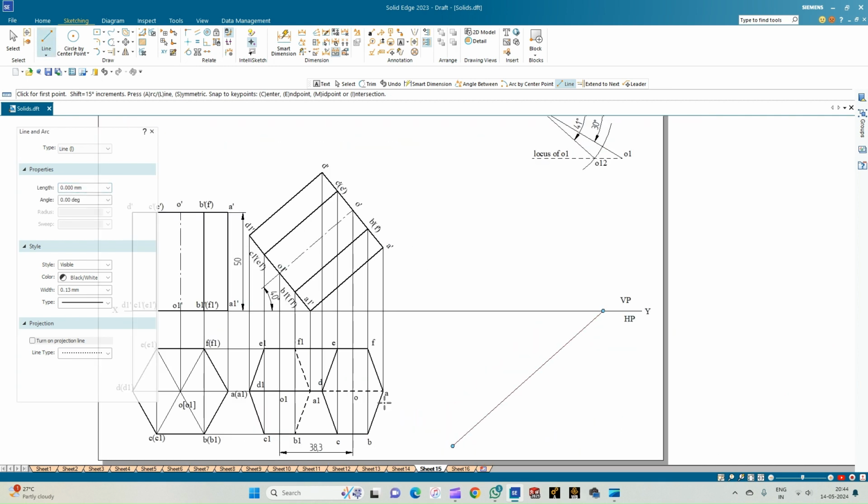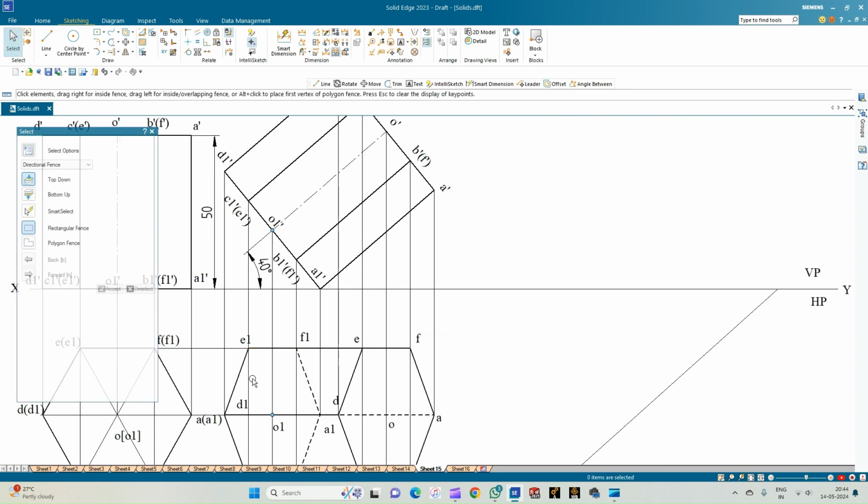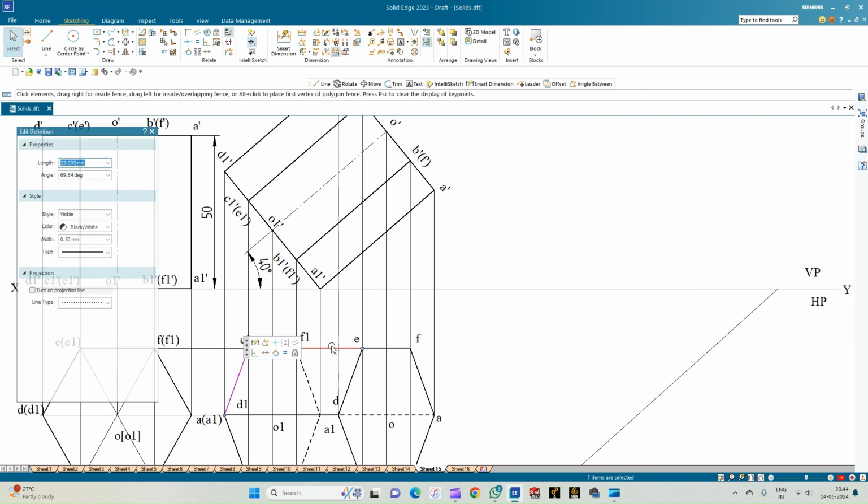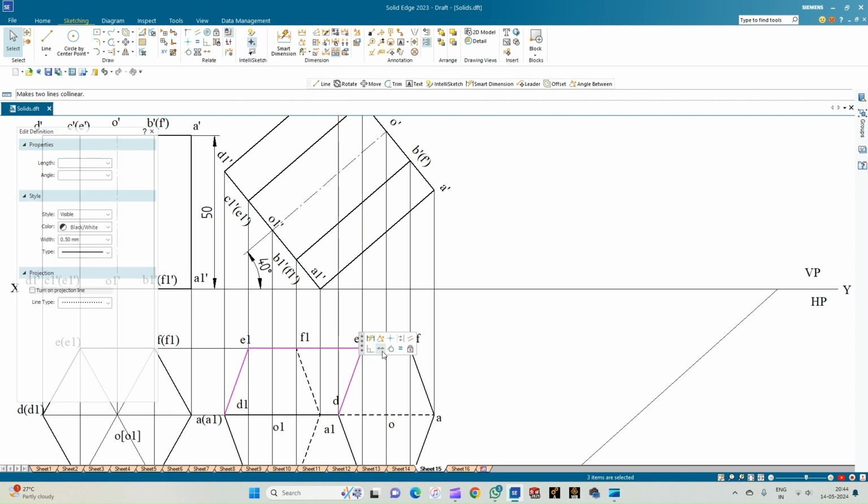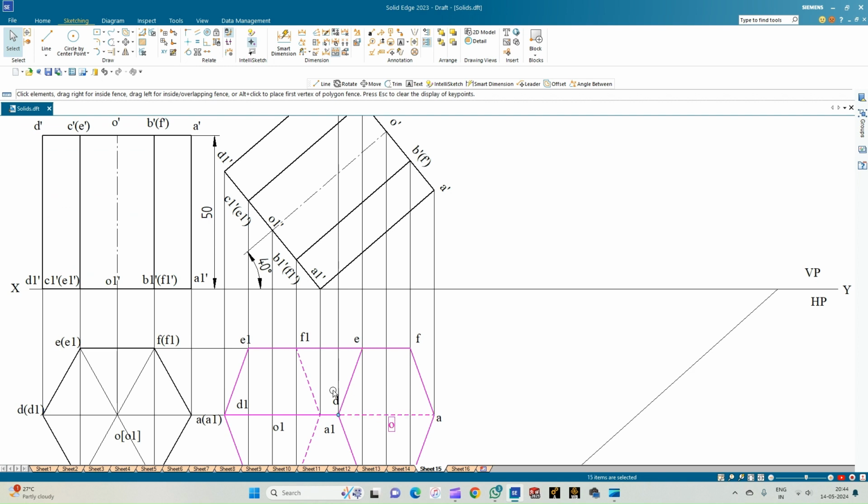On this 41 degree line, we are going to align the axis of this hexagonal prism. For that, let us select the prism, select all the outer edges first, and make it a rigid set, and select even the annotations.